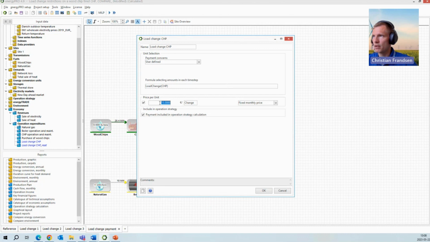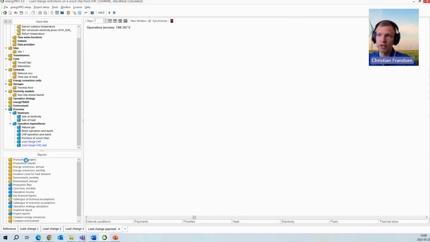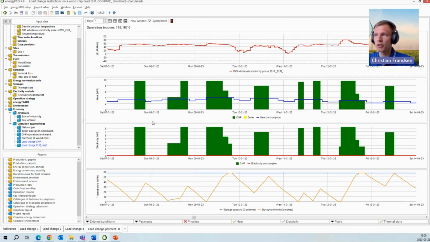It could also be a time series function, which could, for instance, make it more expensive to change the load during the nighttime. So there are really a lot of options or opportunities here to reflect the cost associated with changing the load of a unit.